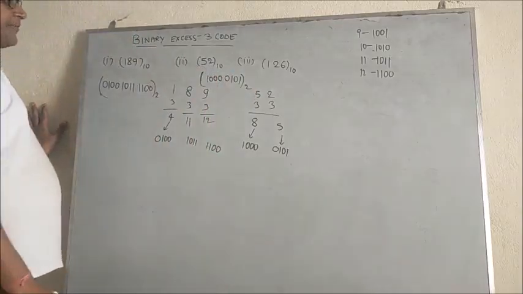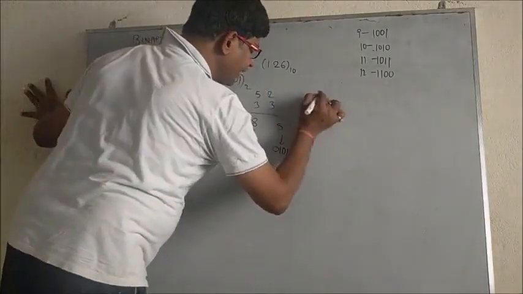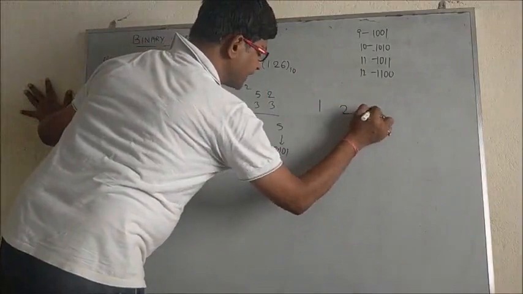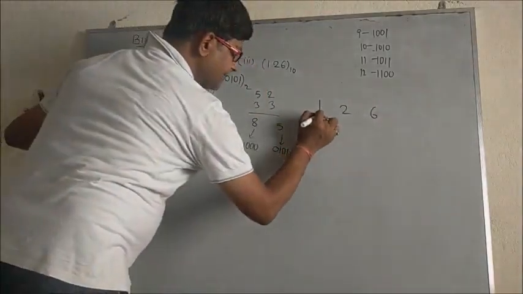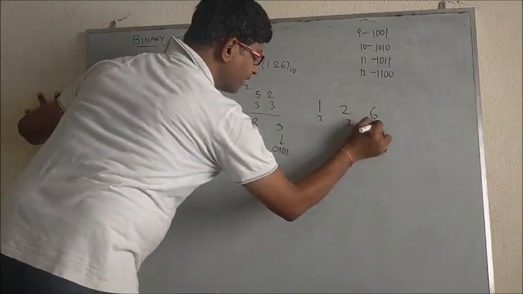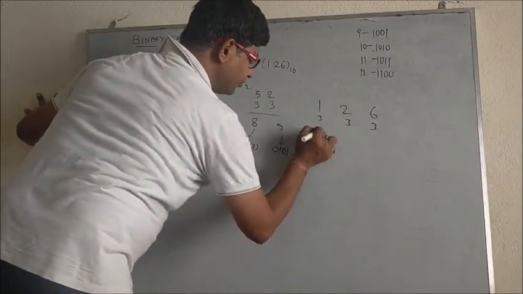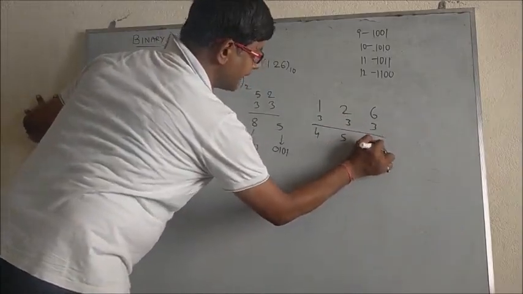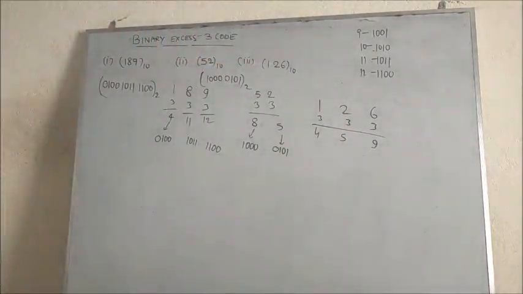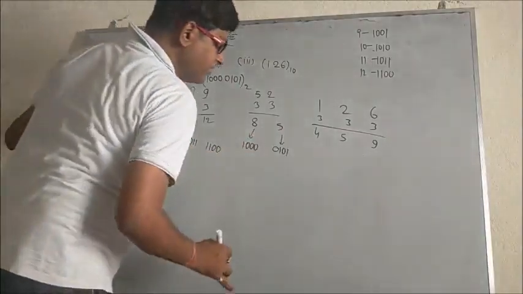Okay. Next is 126. Same way, 1, 2, 6 will be taken separately, adding 3. What will I get? This will be 4, this will be 5, and this will be 9. How will 4 be represented?